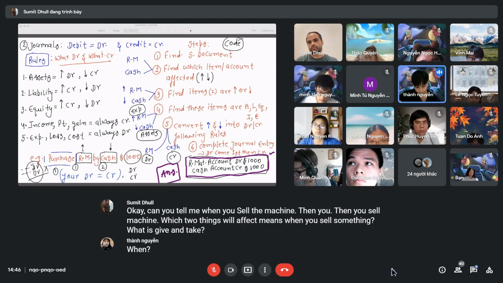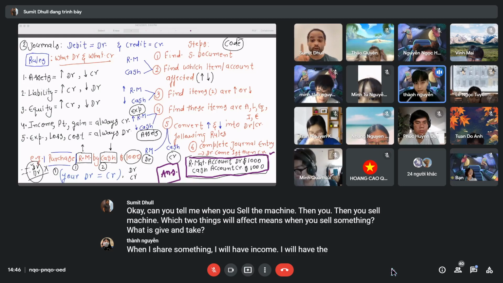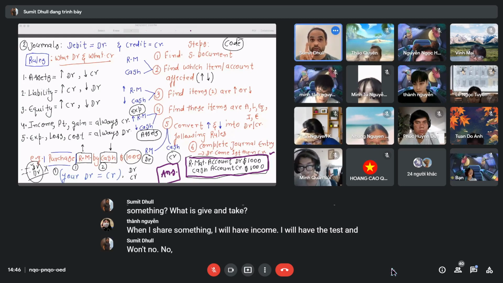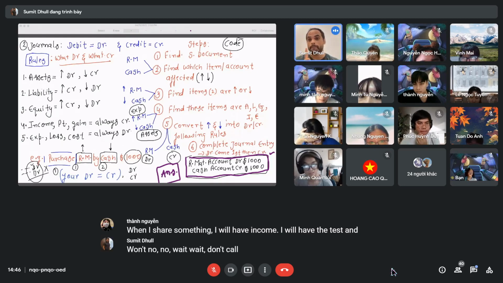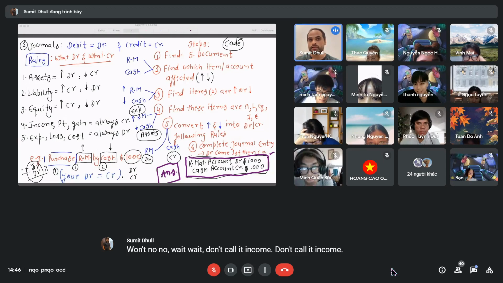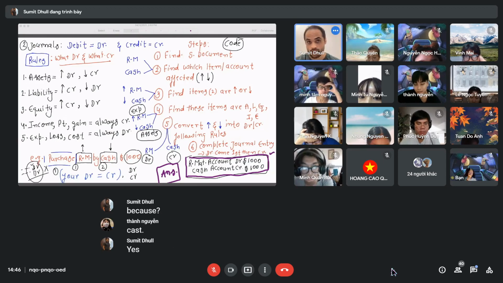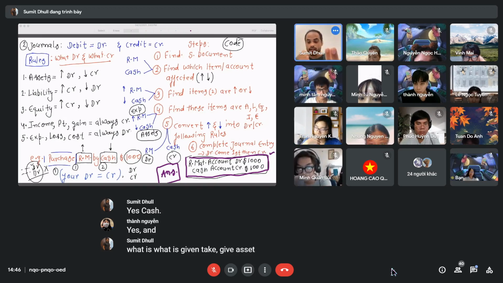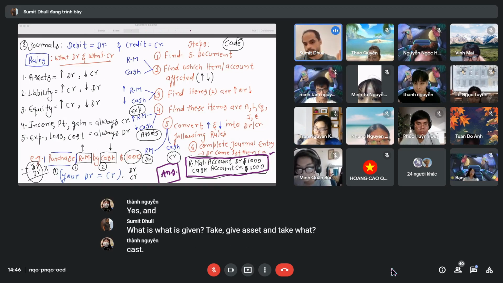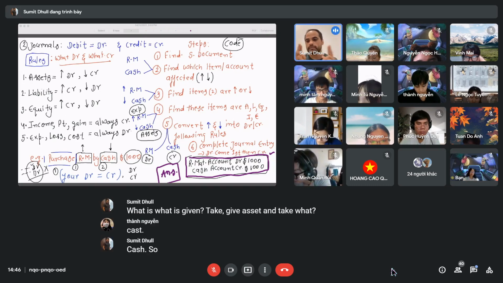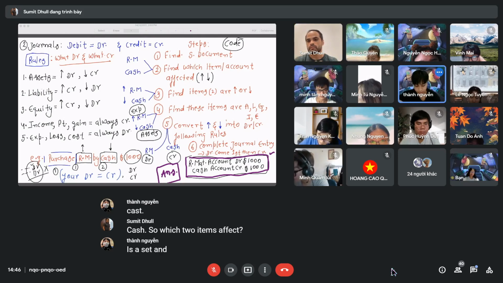When I sell something, I will have the cash. Don't call it income. What is give and take? Give asset and take cash. So which two items are affected? An asset and the income.